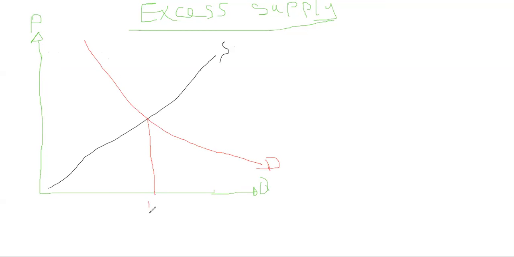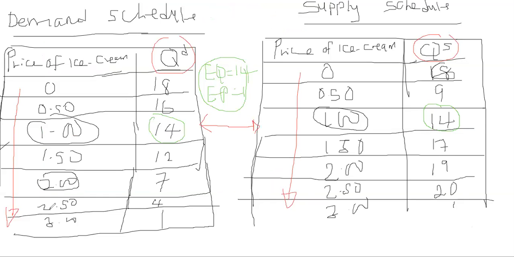So initially this was 14 that was demanded and supplied at the price of $1. So let's assume that for some reason we are operating above the equilibrium. Let's assume the price increased to 2. So if you go back to your schedule, at the price of 2, demand was 7, while supply was 19.